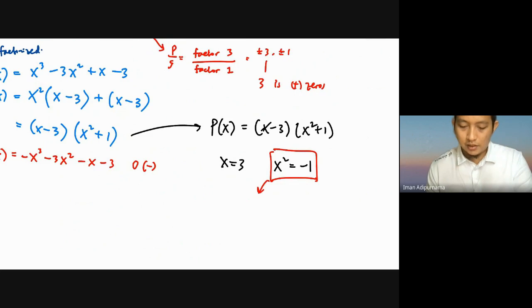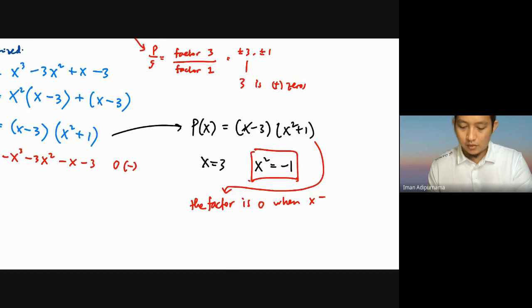So this means that the factor, or maybe not this one, sorry, should be the factor, this one. The factor is 0 when x equals plus minus i. Okay, let me write plus minus i.